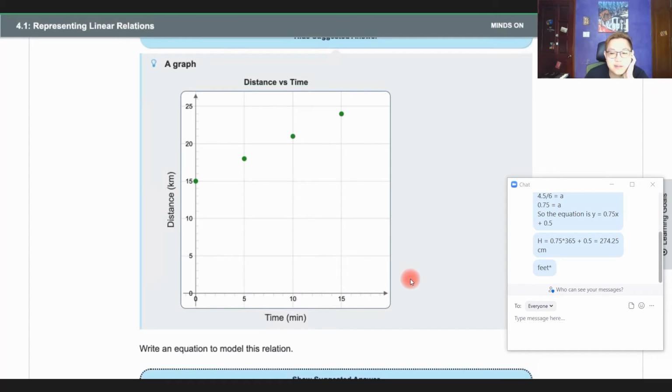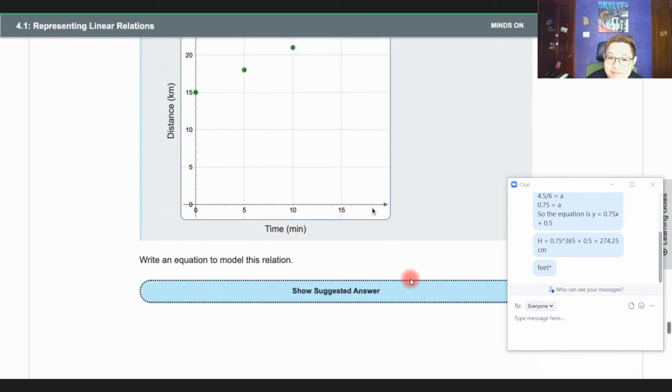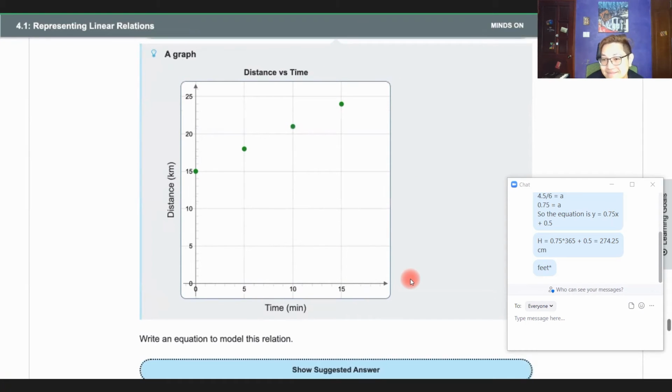There's a graph of distance versus time. Still thinking. Write the equation. Same task. See if you can do it.